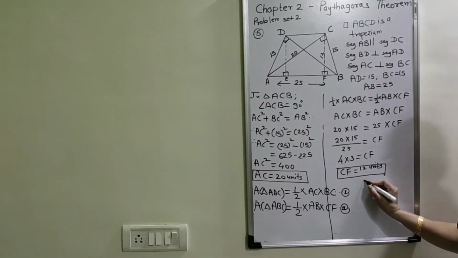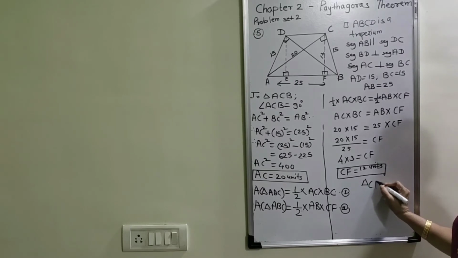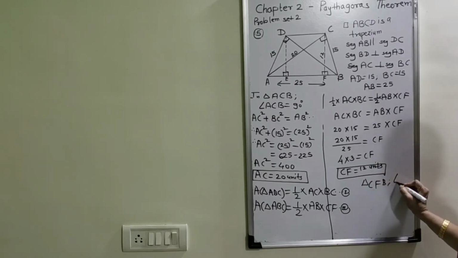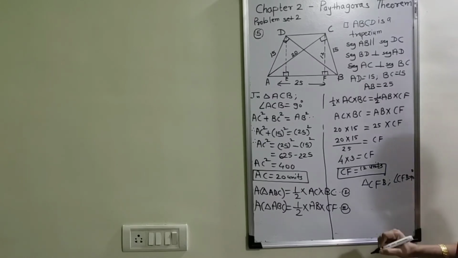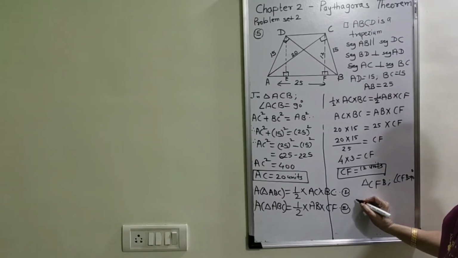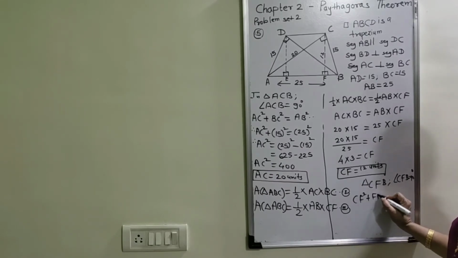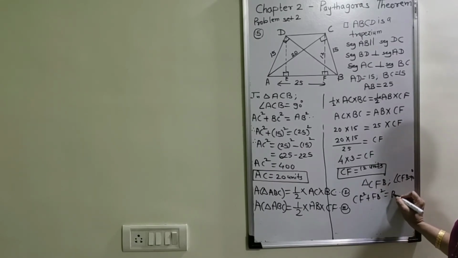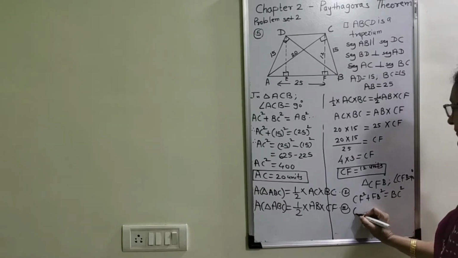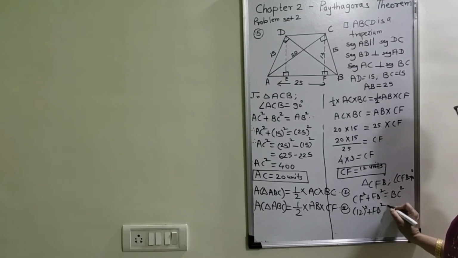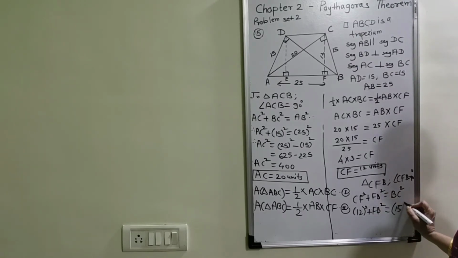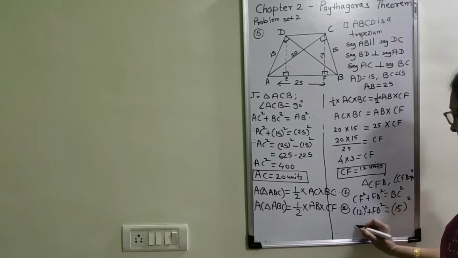Now consider triangle CFB. Angle CFB is equal to 90 degree. Again apply Pythagoras. We will get CF square plus FB square is equal to BC square. CF just now we have calculated 12 square plus FB square. BC is given 15 square.